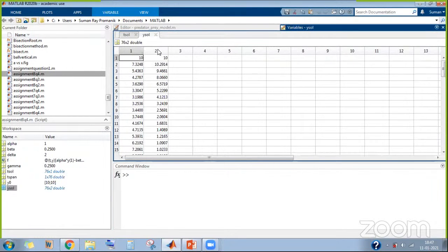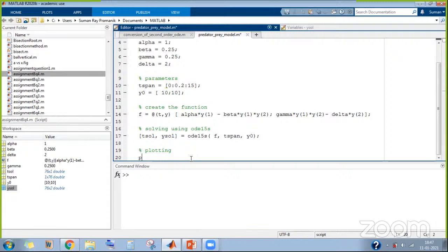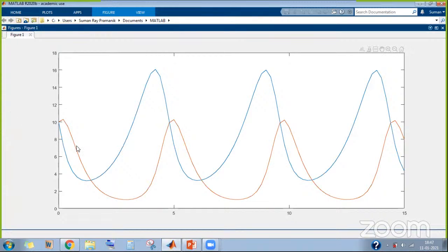Once again, you see that ysol has 2 columns here. The first column is giving me the prey, and the second column is giving me the predator. So let's plot this. We're getting something like this, but we are uncertain which one is which.